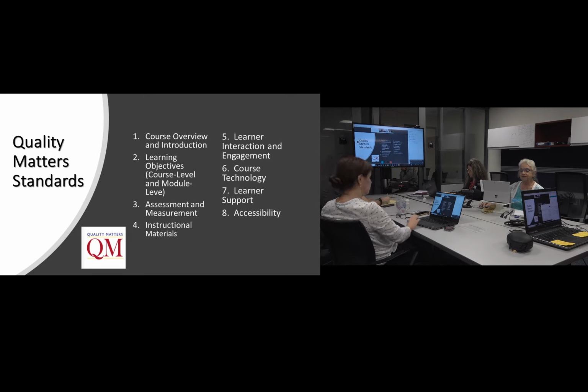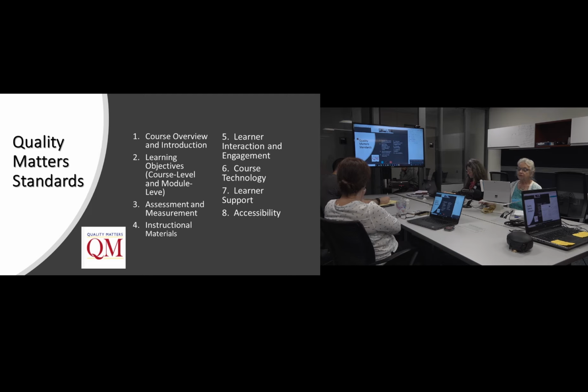Then we have our learning objectives. Those include our course level and module level objectives that have to be in alignment. Our course level objectives are the ones that kind of set the platform for the whole course, and then the module level objectives are the ones that will support the course level objectives.